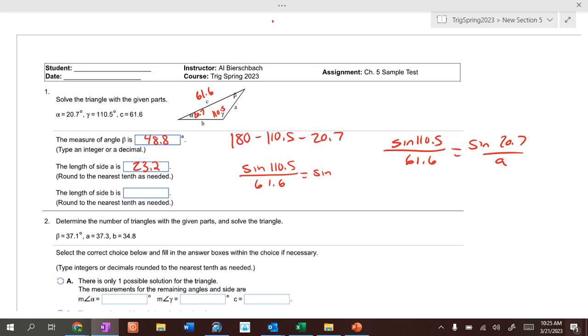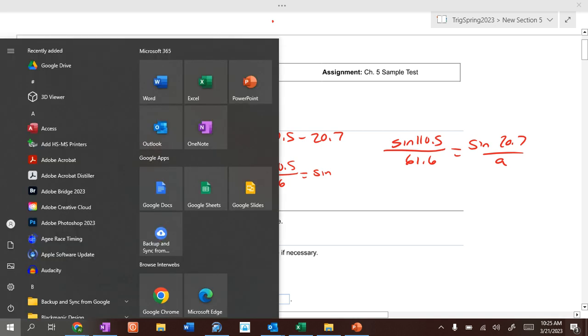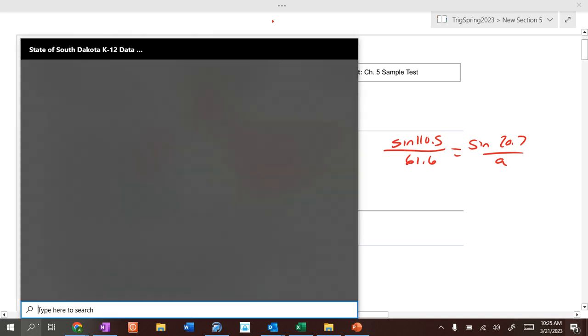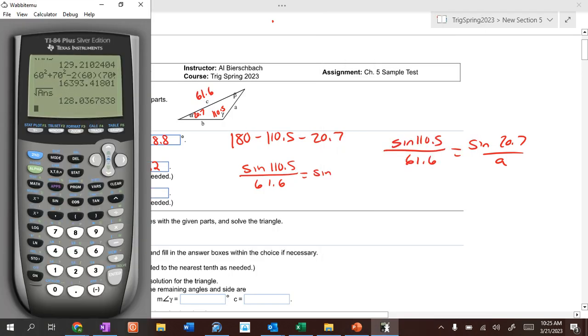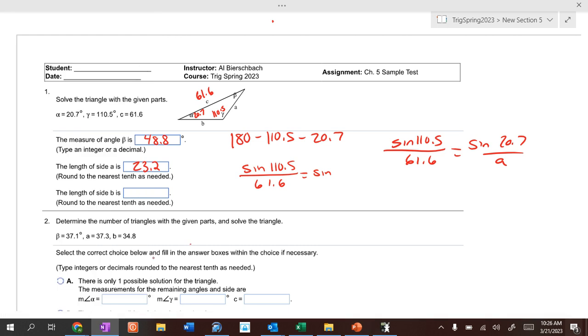Okay, if we don't agree, then let's figure it out. So we need to make sure we know how to do this. So 61.6 times the sine of 20.7 divided by the sine of 110.5 equals 23.2.